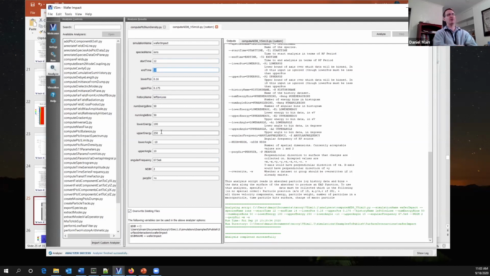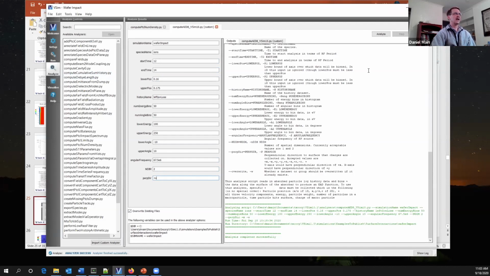If you had multiple RF sources, for example, with different frequencies, just pick one, and that will be used as your reference for your start and end time. This is a two-dimensional simulation, and the perpendicular direction is in the positive x direction. Okay, so that's a brief overview of that history.